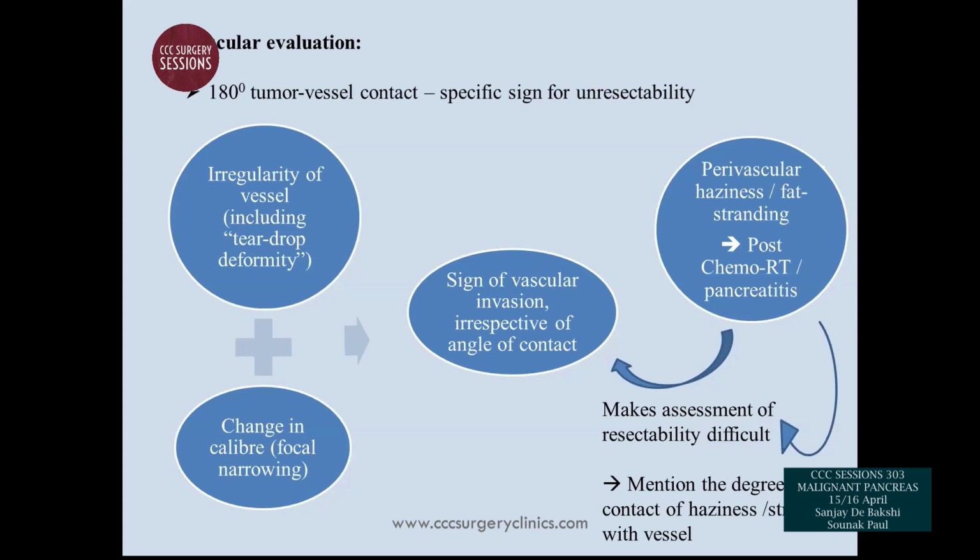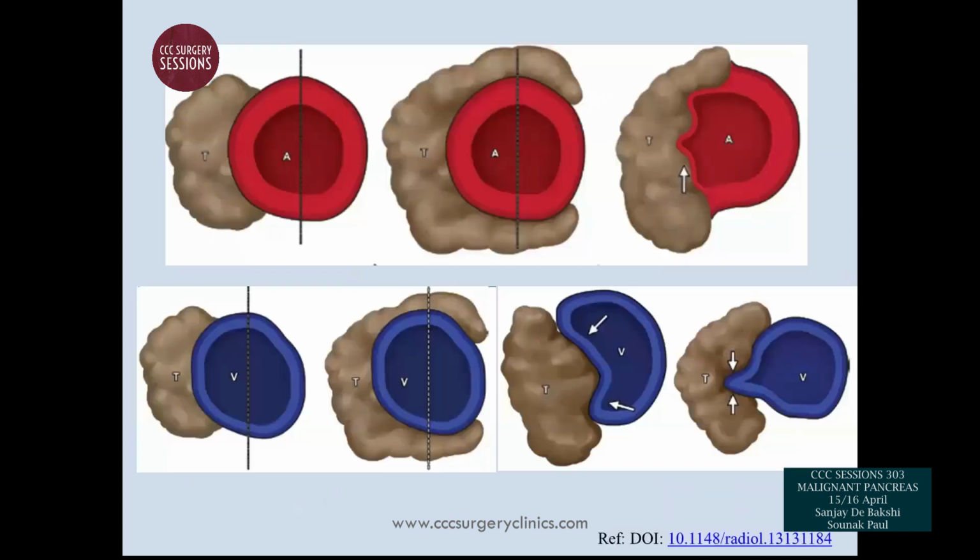However, we will have to take note of the amount of fat stranding, and it is always advised to check whether the fat stranding crosses more than 180 degrees of the circumference of the lesion or of the vessel or not. In such cases, operability might be an issue.